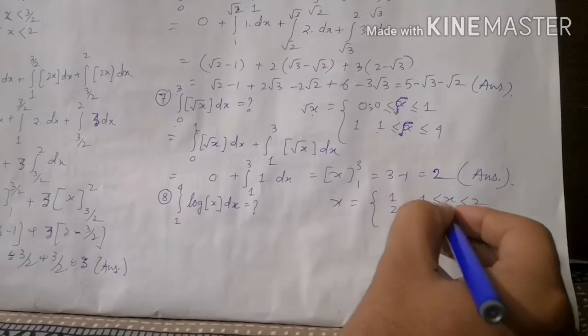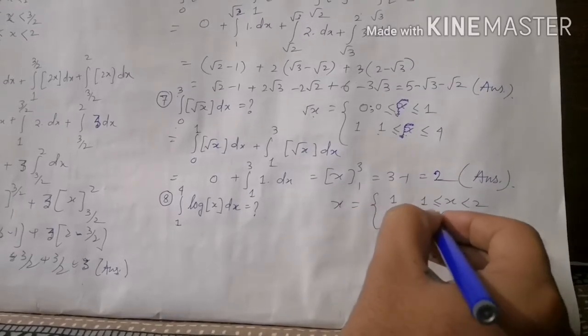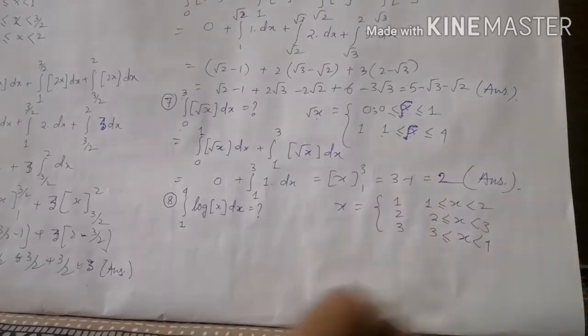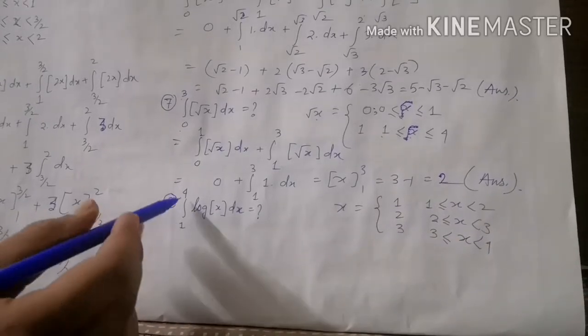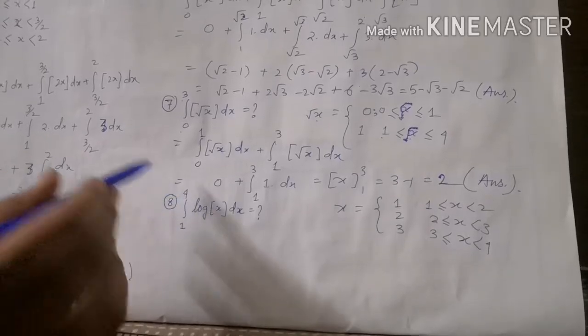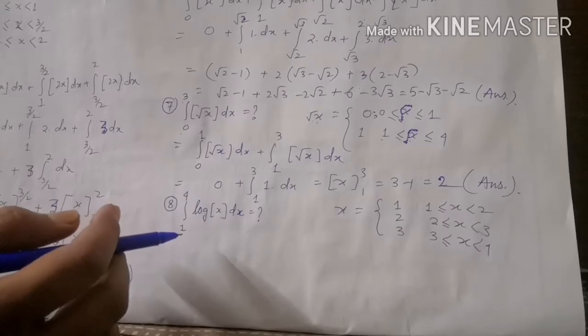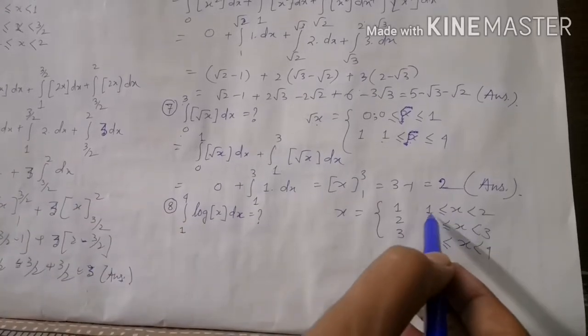The value of x will be 2 when x will vary from 2 to 3, and the value of x will be 3 when x will vary from 3 to 4. And here our limit is from 1 to 4, so it is not necessary to write the definition of x from 0 to 1. So we will start from 1 to 2.